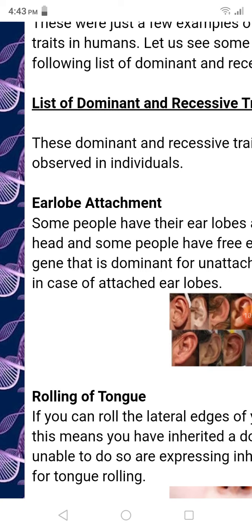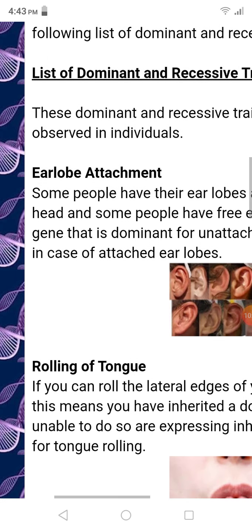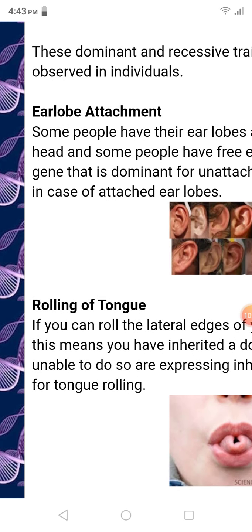There were so many different types of earlobes. So it's not a sure thing to say, okay, this is dominant, this is recessive, and so on, because some people just don't have earlobes.